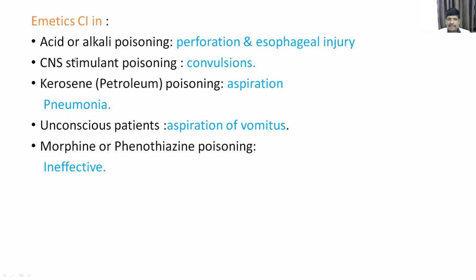Acid and alkali will come in contact with the esophagus and cause injury to the esophageal cells. Unconscious patients should not be given this emetic because of the chance of aspiration of vomitus. In morphine or phenothiazine poisoning, this is not done because if emesis is induced, it is quite ineffective. You would just be losing time without any positive effect.